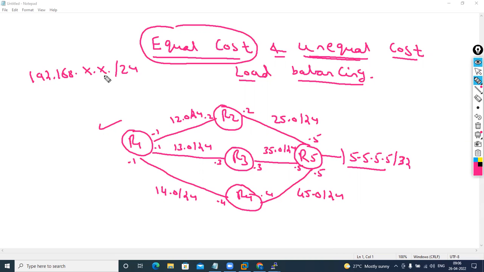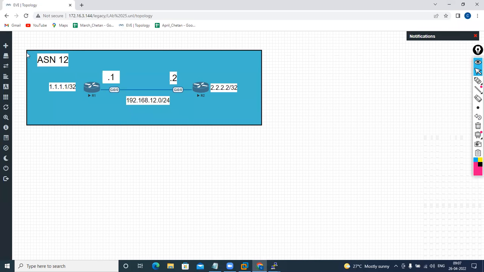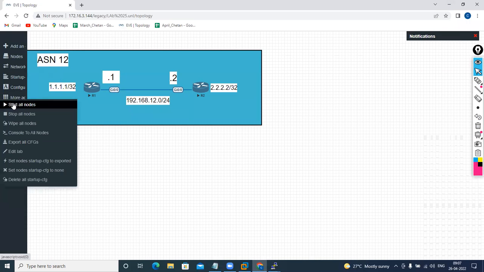Don't confuse it with x dot x. X dot x means this x is for 12 and this x is for 0. Done? Okay, all right. So we'll see equal cost first. By default it does. No need to change any variance or metric or something like that.